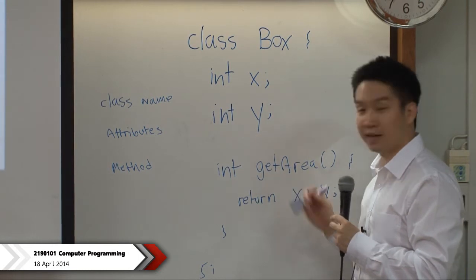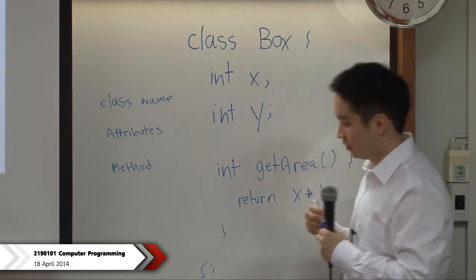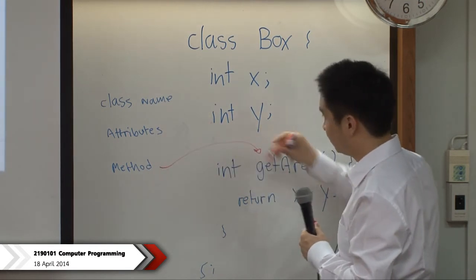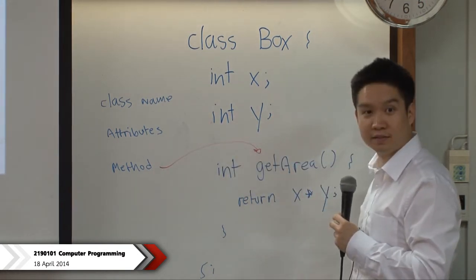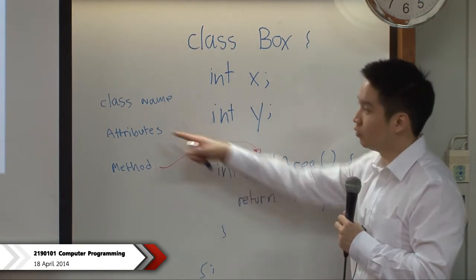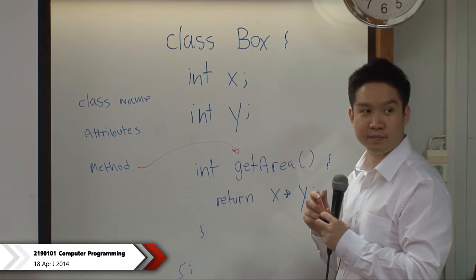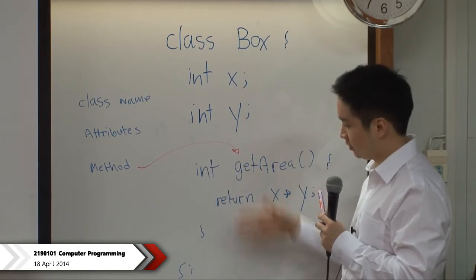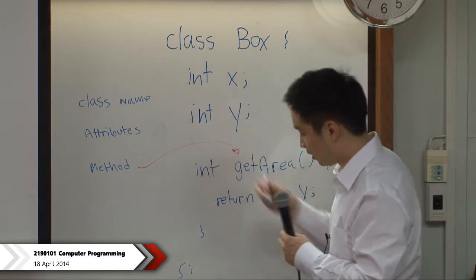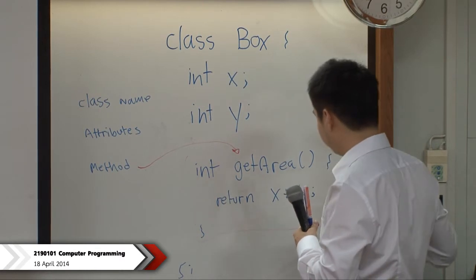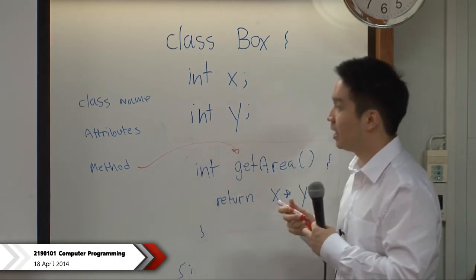What is get area? Attributes? What are attributes? How do you match attributes? Where? So we got this part. Attributes?